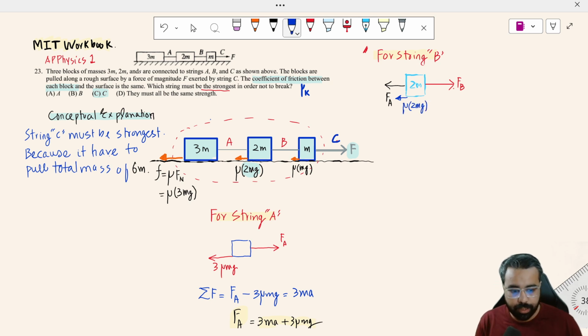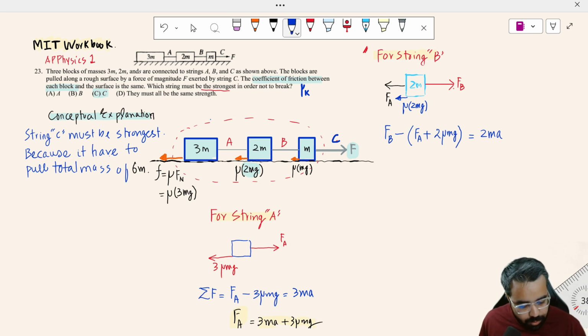When we make the equation, the net force is the force horizontally rightward, Fb, minus the sum of these two forces, Fa and 2 mu mg, equals 2ma. These are all the forces which are horizontally accelerating the mass 2m. If you take it to the other side, it will be Fb equals 2ma plus Fa plus 2 mu mg.